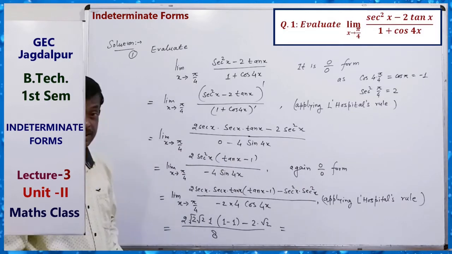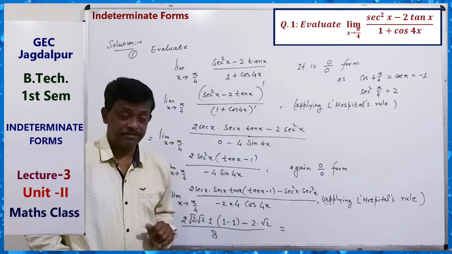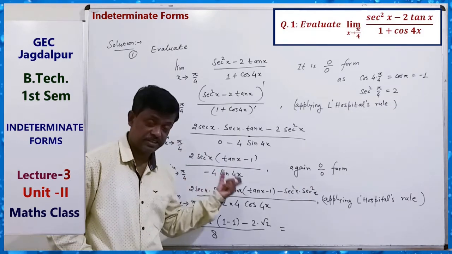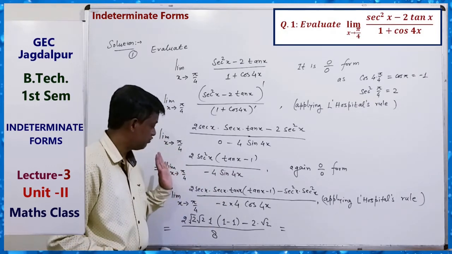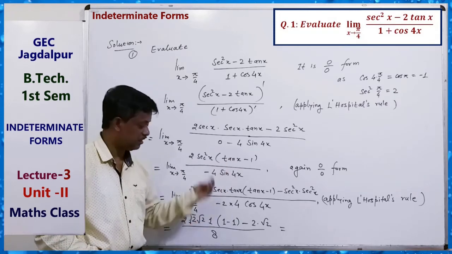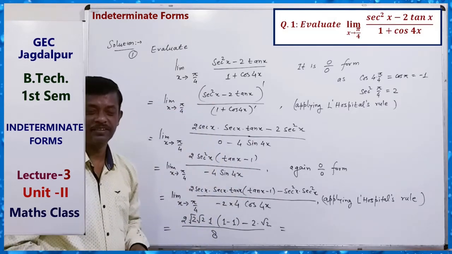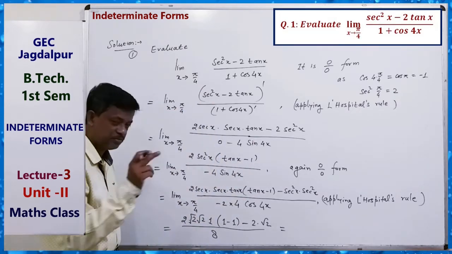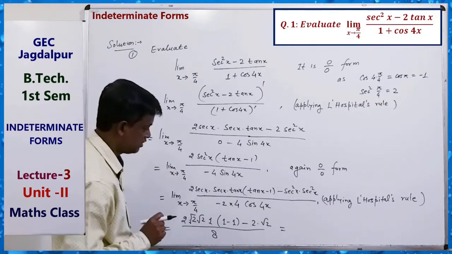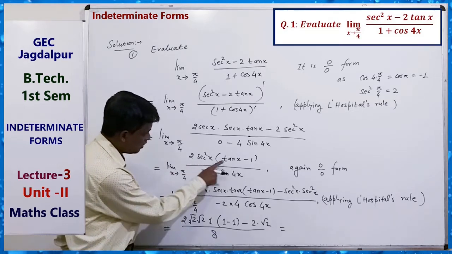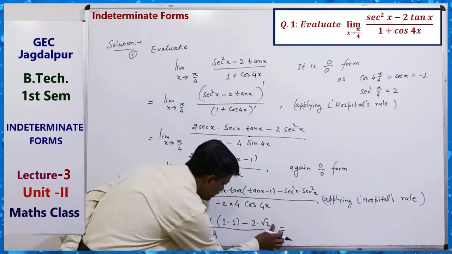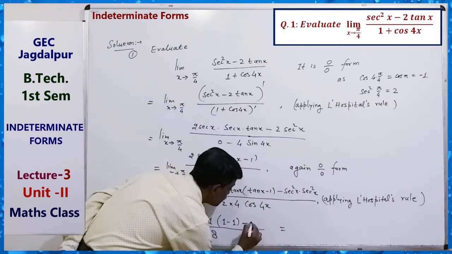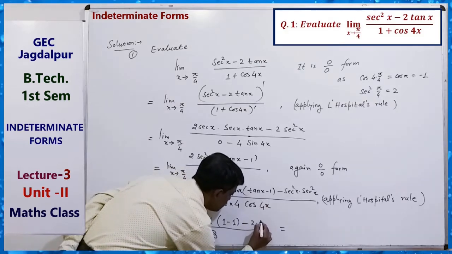Just remember the derivative and just carefully differentiate it. One time if you make some mistake, then the answer will be wrong. So just take care for differentiation. Okay. So sec square and here sec square. Sec power 4. That is sec square means what? 2 into 2.